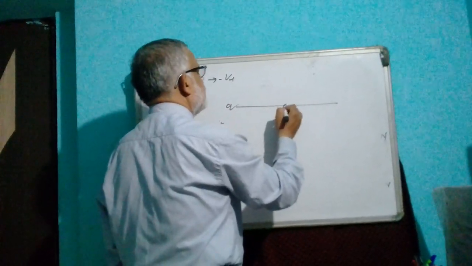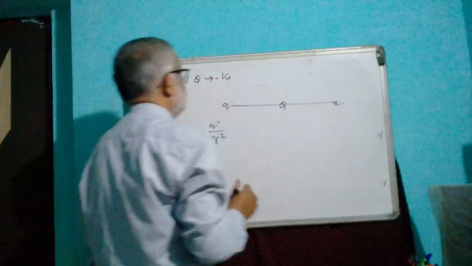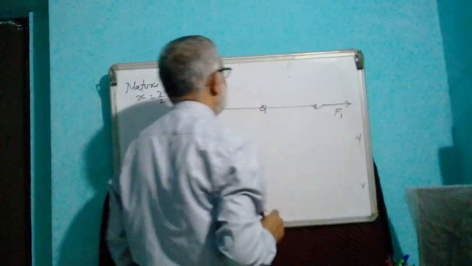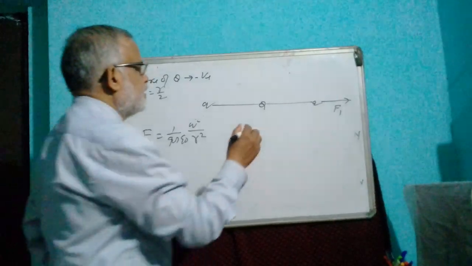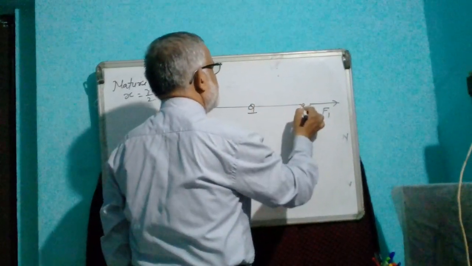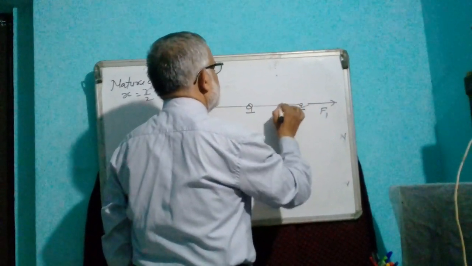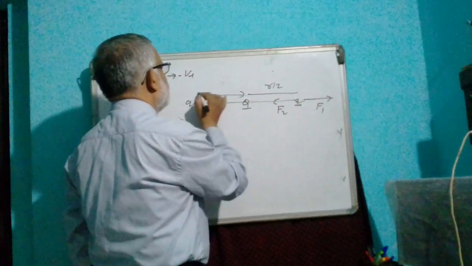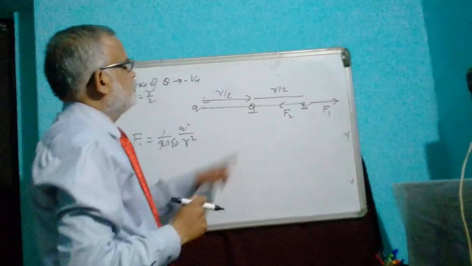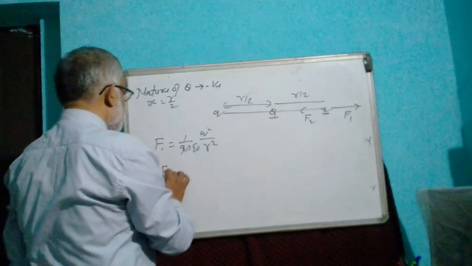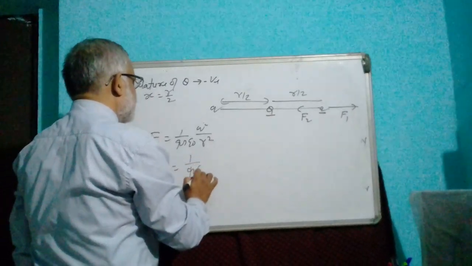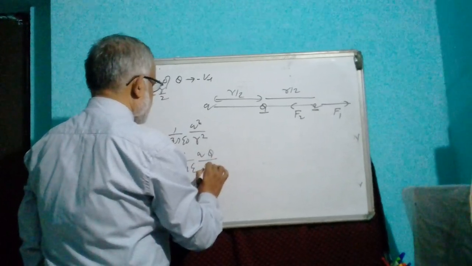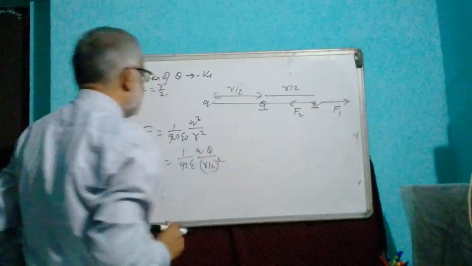Capital Q, capital Q. The force applied by this capital Q on this charge is F1. The force applied by the other capital Q charge on small q is F2. This distance is R by 2, we have proved. Therefore, F2 equals 1 upon 4 pi epsilon naught Qq upon (R by 2) square.